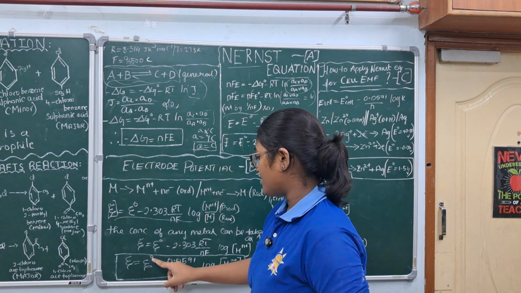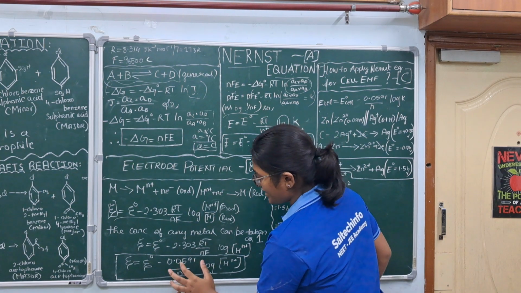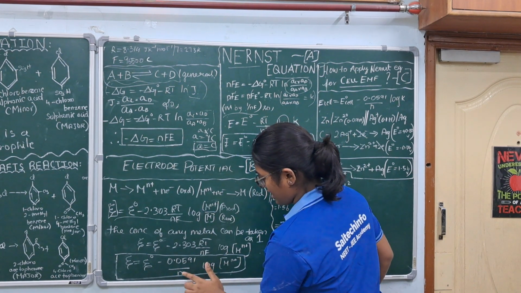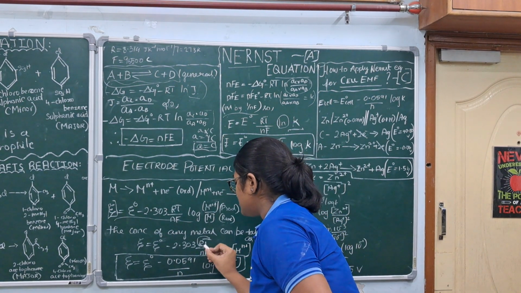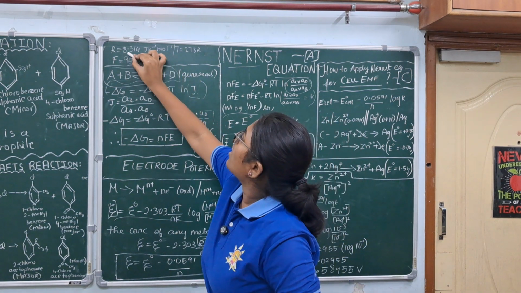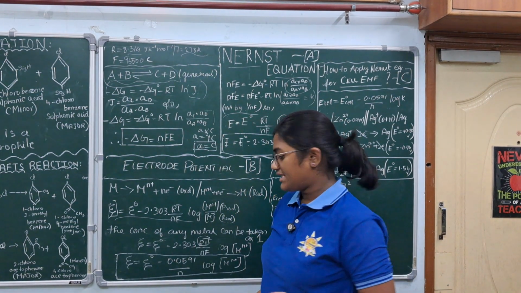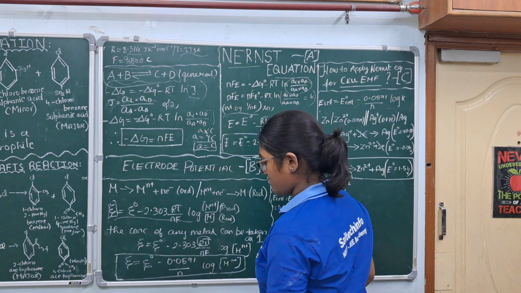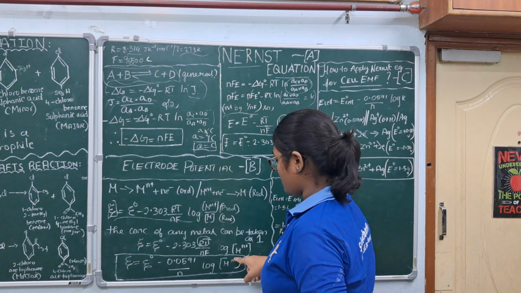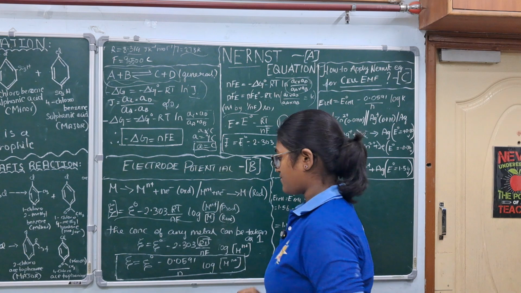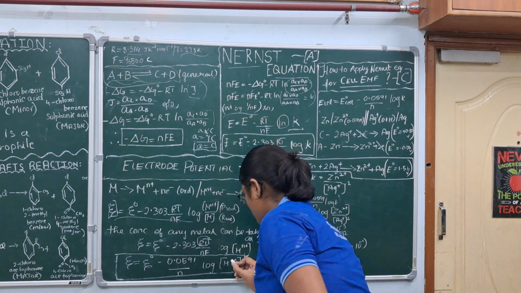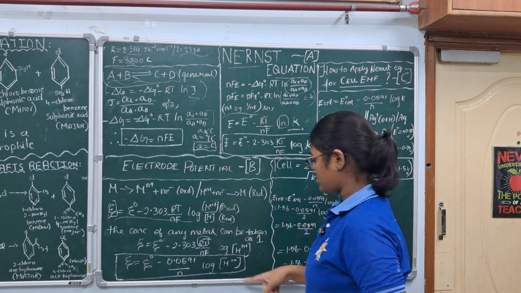So E is equal to E naught minus 0.0591 by n, substituting the constant values, log of the concentration of M n plus, the ionic concentration.